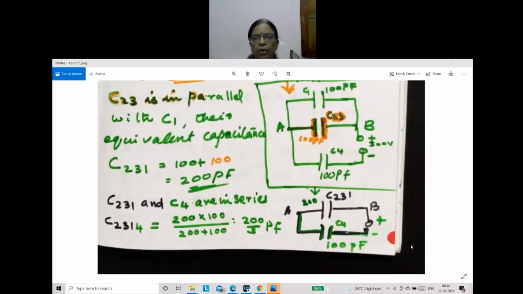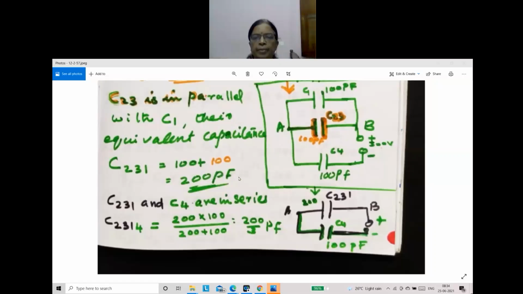You got 200 picofarad. Then see, this is the connection. C231 all together becomes a single capacitor, the black one, and C4 is there, that green one. C4 is 100 picofarad and this all together is 200 picofarad.